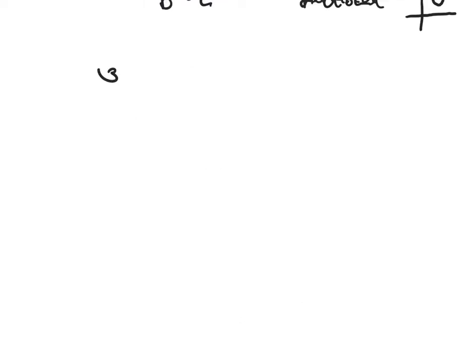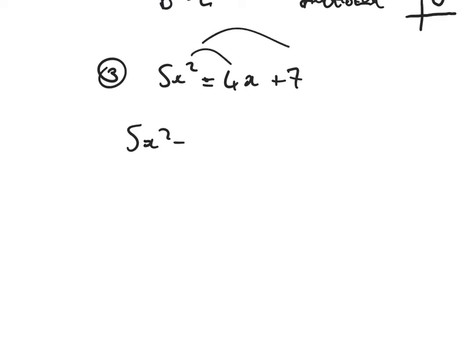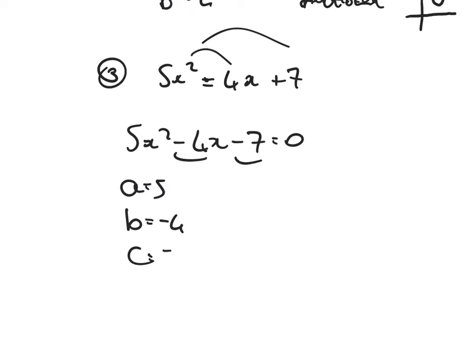Okay, let's try example 3. Find the discriminant and calculate the nature of the roots for 5x squared is equal to 4x plus 7. Okay, first of all, we need to make the thing equal to 0, so bring these over. That'll be 5x squared minus 4x minus 7 is equal to 0. A is equal to 5, b, be careful, is equal to minus 4, and c is equal to minus 7. b squared minus 4ac.